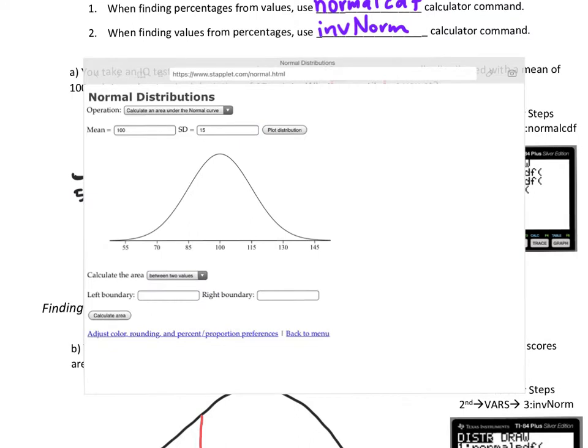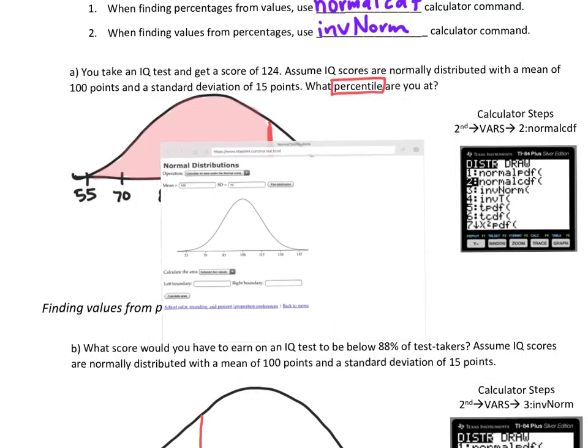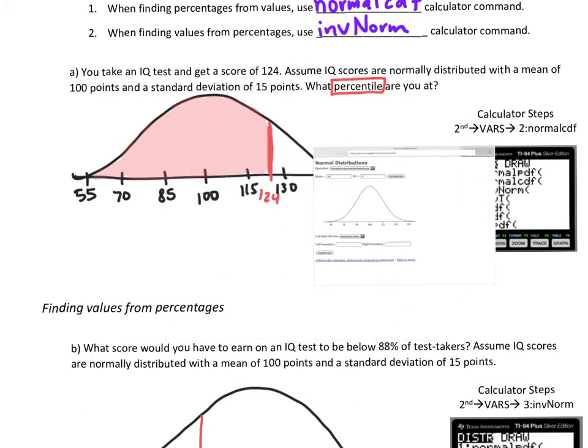It plots it. In this problem, they wanted us to find the percentile. The percentile means anything below a particular value. So we want to shade the area below the score of 124. They were pointing out that 124 is not a key tick mark. It's in between two tick marks.